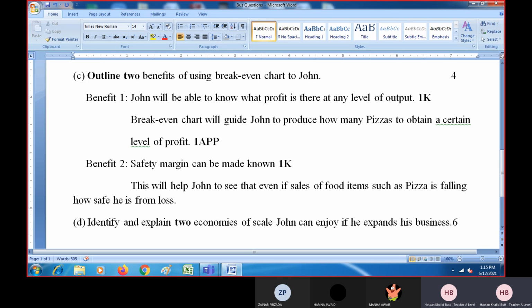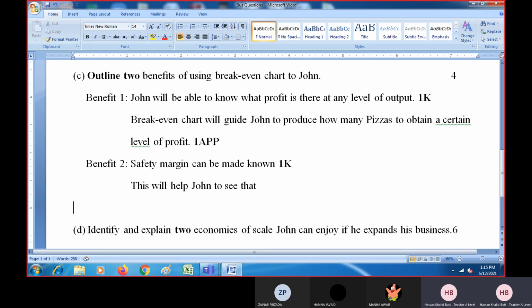Because we do not need to develop our point, because there is no mark for the development. That's why it's perfectly fine if we write this line, and we can still get maximum marks there as well.